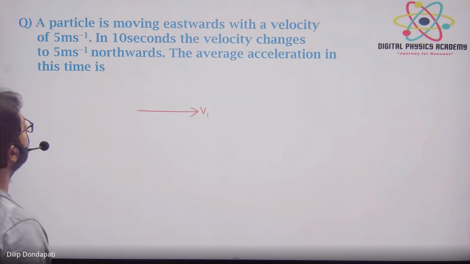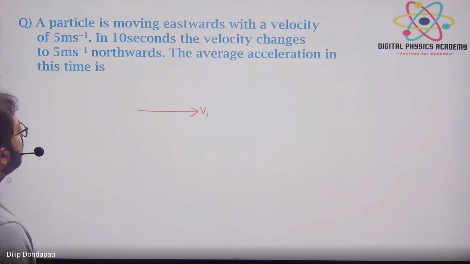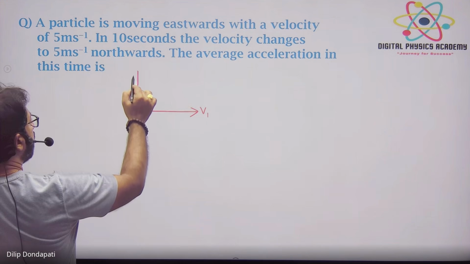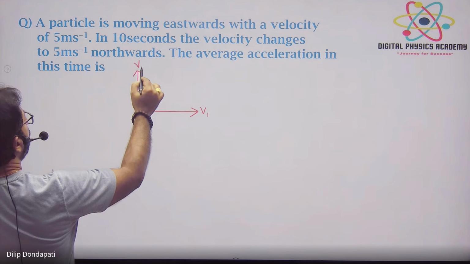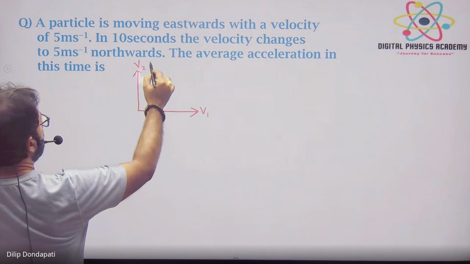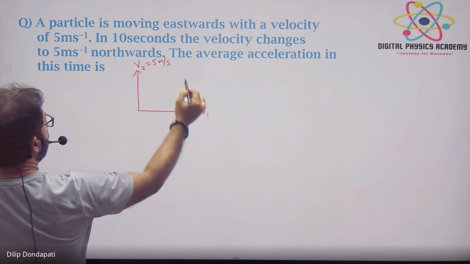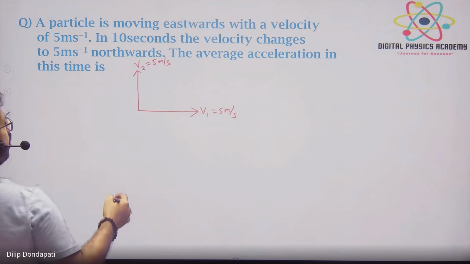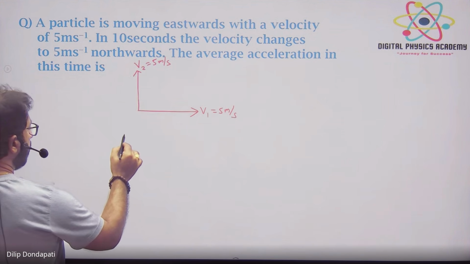A particle has velocity v1 this much. In 10 seconds the velocity changes to 5 meters per second north. So मैं क्या करूंगा, इधर नहीं करूंगा, इधर, so that we can apply parallelogram v2. Okay, the speed is 5 only. Direction is changing. Okay, northwards. The average acceleration formula क्या है?